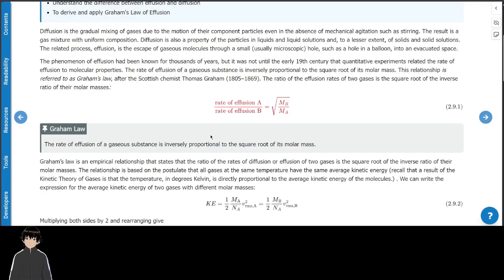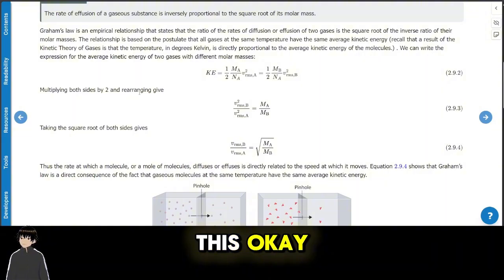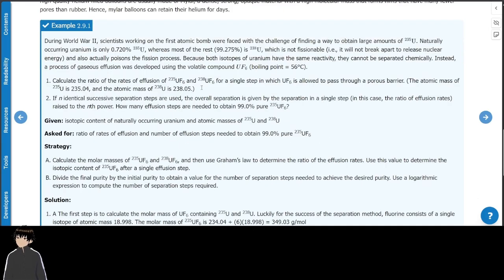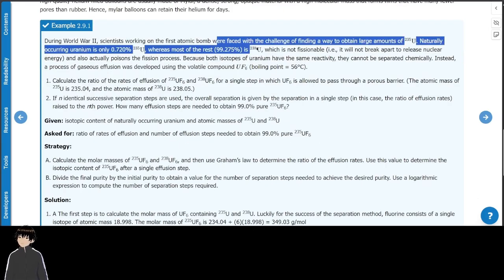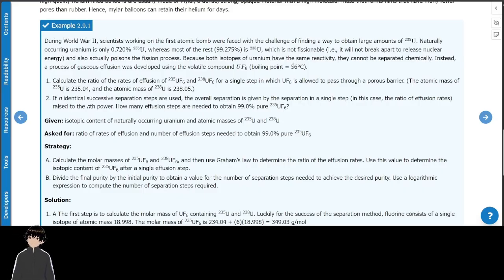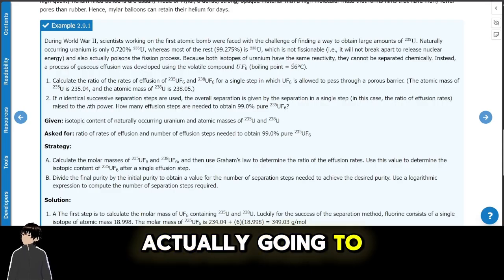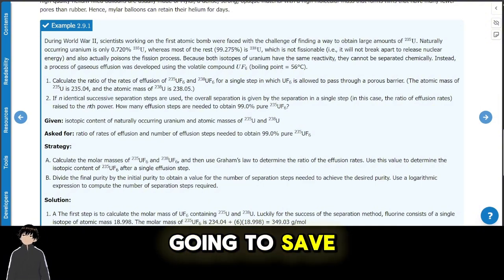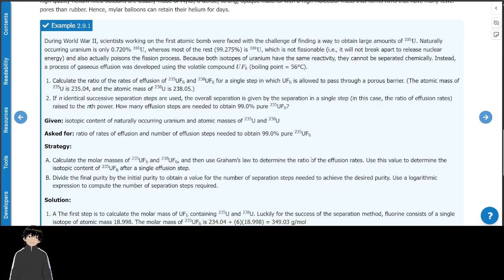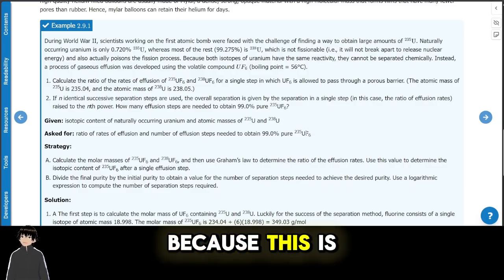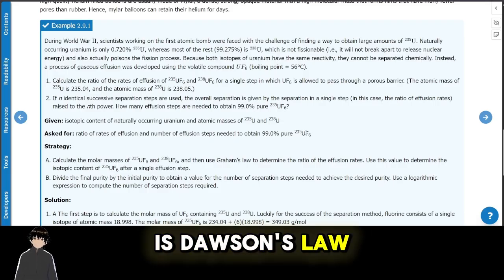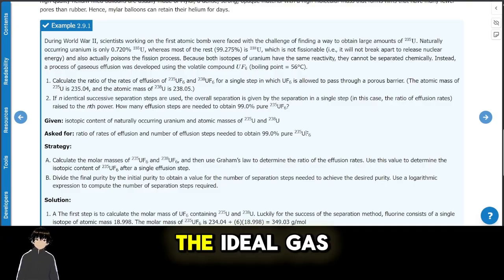I'm actually going to save Graham's law of diffusion and effusion for tomorrow, because this is a lot of content, and most of what we've done here so far is Dalton's law and the ideal gas law.